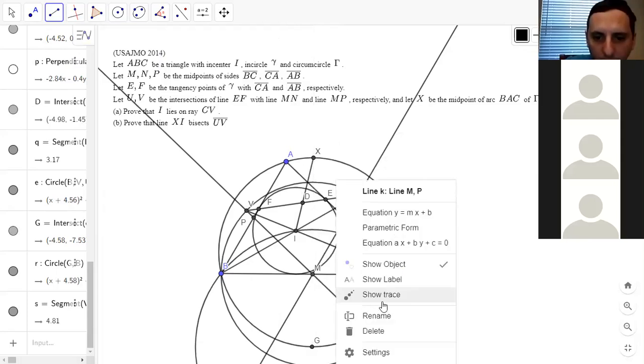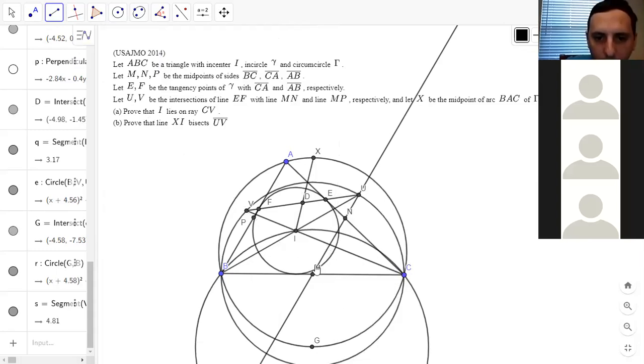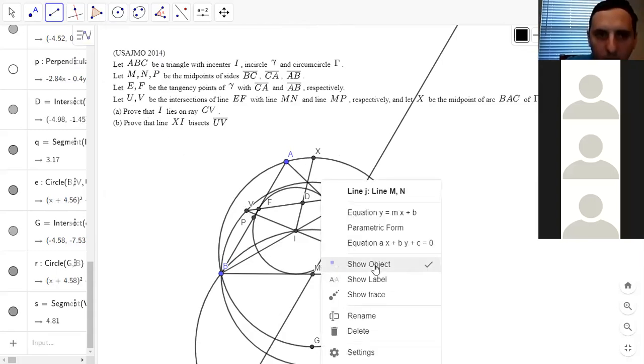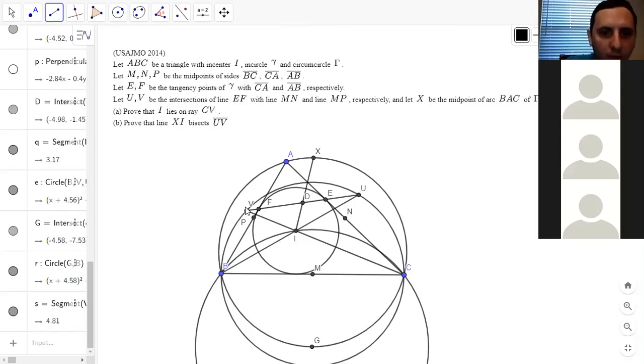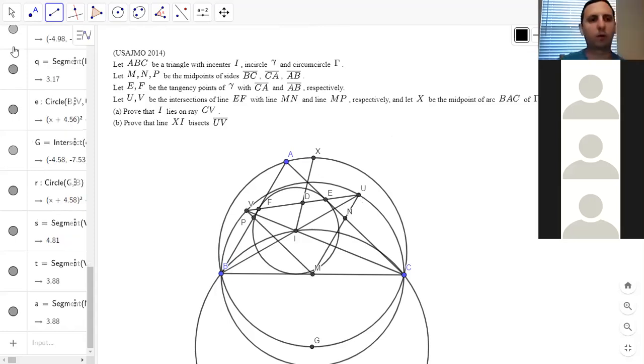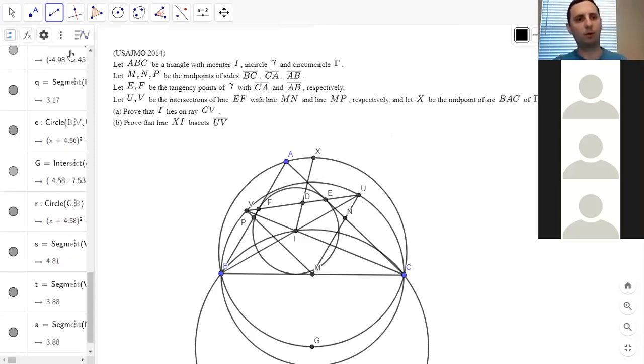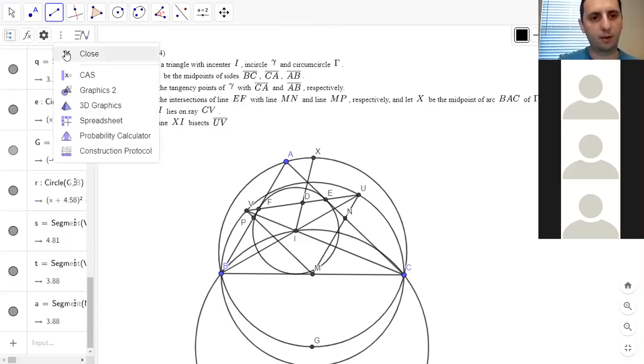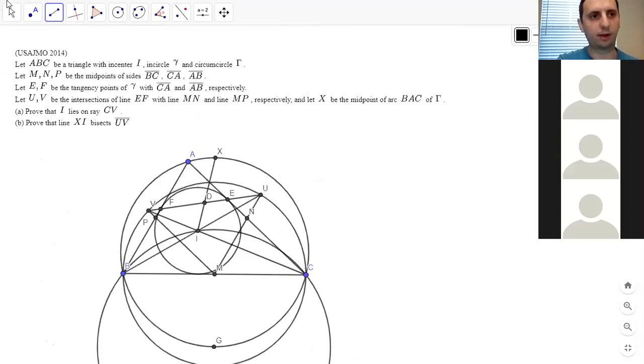Okay, let me just draw MV and MU. Okay, so for part A, it's true by the Iran lemma. It's also just an angle chase.